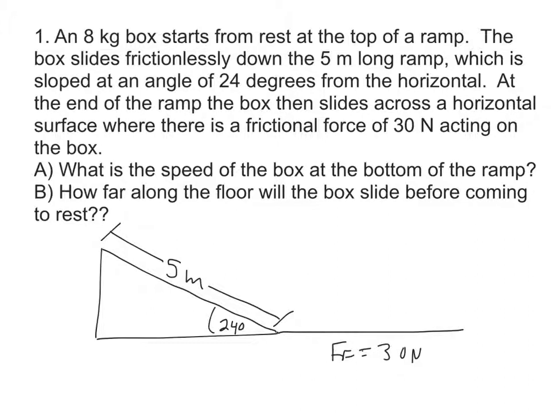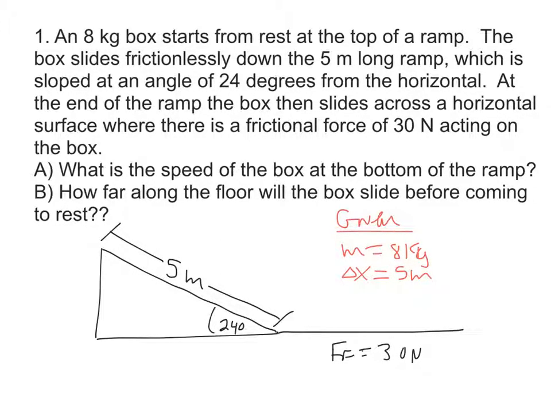Okay, so let's list what we know. We know that the mass is 8 kilograms. We know that the distance it travels down the ramp, I'm going to call that delta x, is 5 meters.